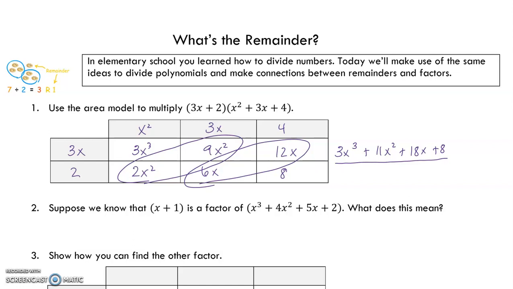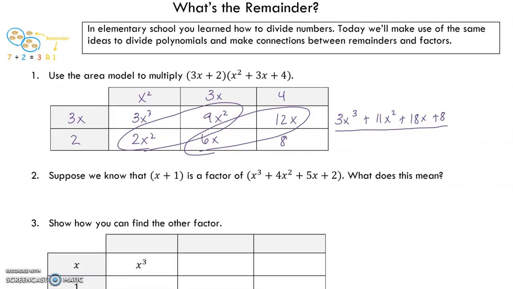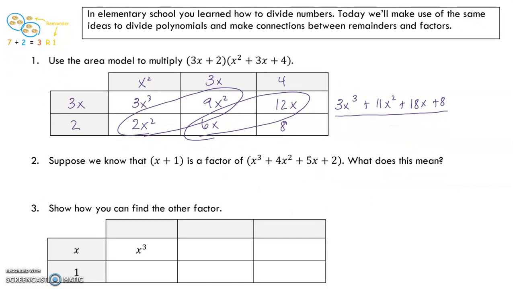Suppose that we know x plus 1 is a factor of x cubed plus 4x squared plus 5x plus 2. What does that mean? Well, when something is a factor, that means it can divide evenly into the polynomial without a remainder.